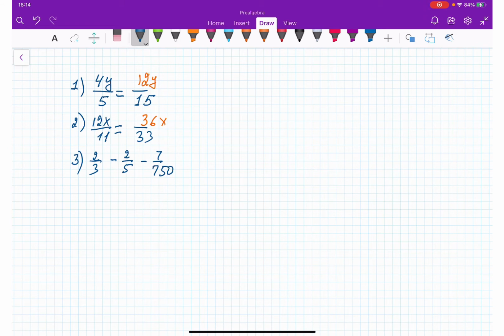Okay, here we are going to do subtraction, so you can do it in two ways. First step, let's say do 2/3 minus 2 over 5, and then whatever result you get, that result minus 7 over 750. I suggest to do all at once.